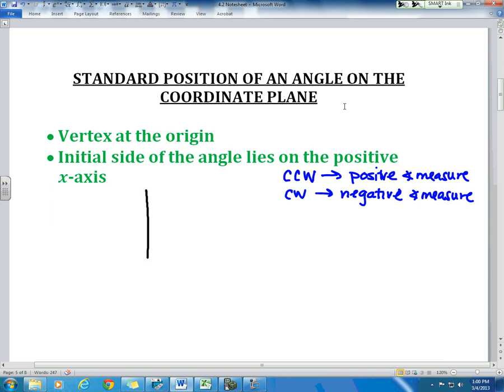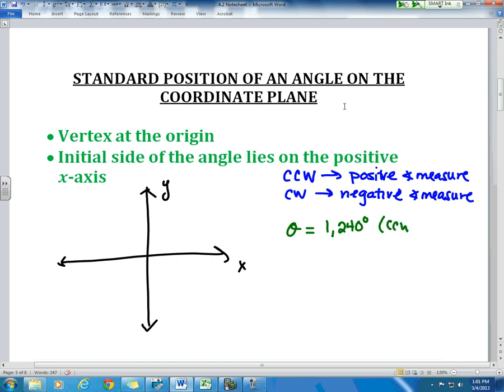If I draw my coordinate plane, and I want to draw an angle, for example, what if I say that theta needs to be 1,240 degrees? Well, I know that that's positive, so I know I'm going to go counterclockwise.